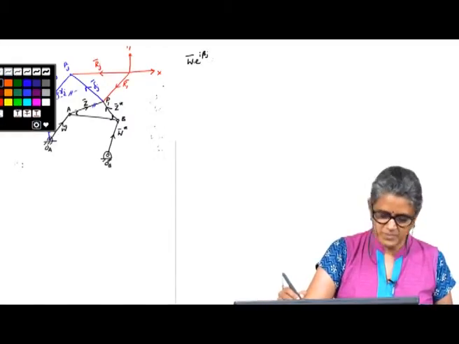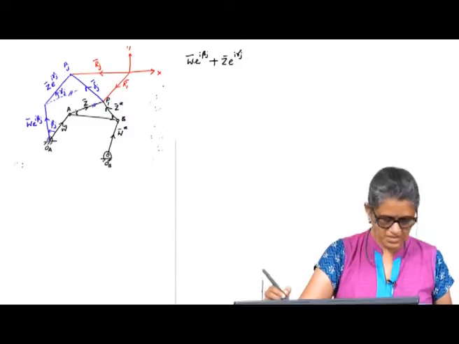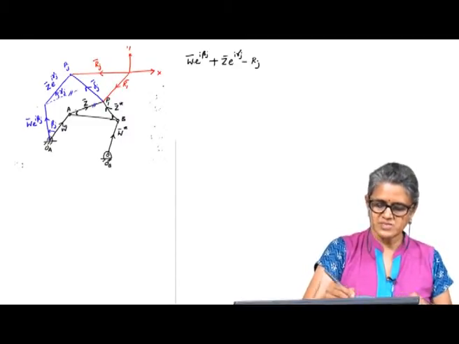So, W e power I beta j plus Z e power I gamma j minus R j, because I am going this way. Okay.